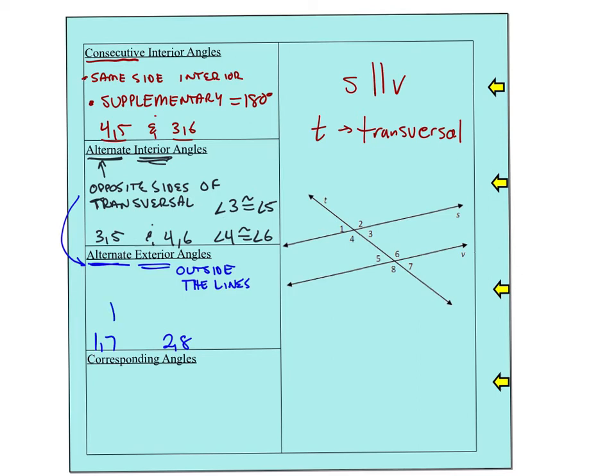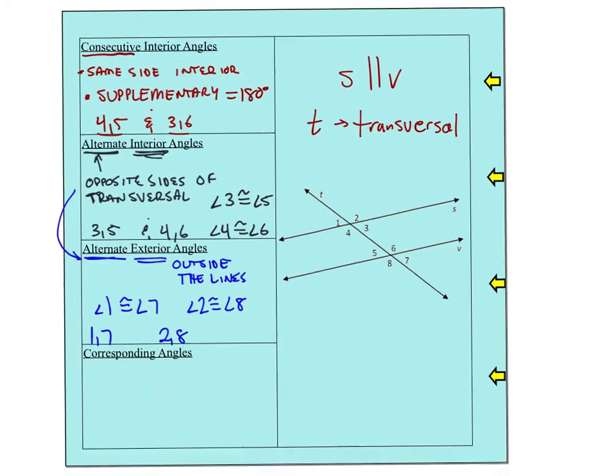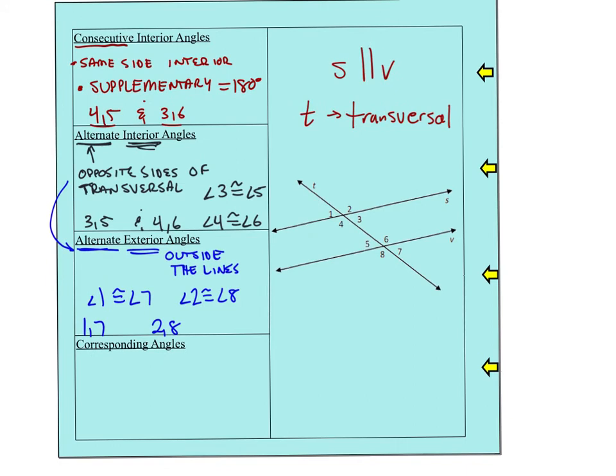And once again, those are going to be congruent to each other. This is all going to come into play in a little bit. The only situation where it's not congruent is going to be supplementary. So everything else is going to be congruent. That's a good way to remember it.